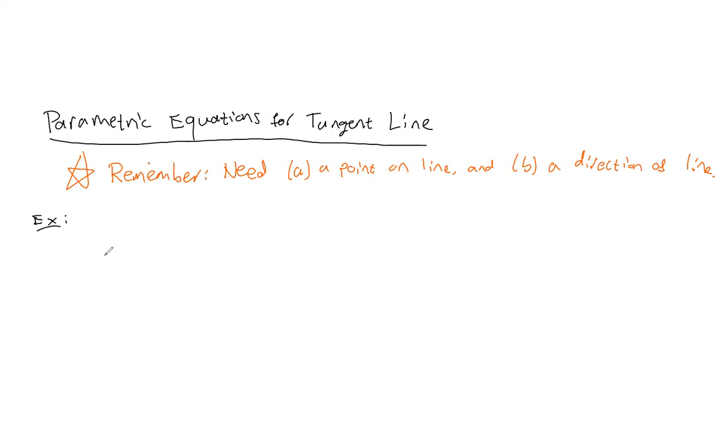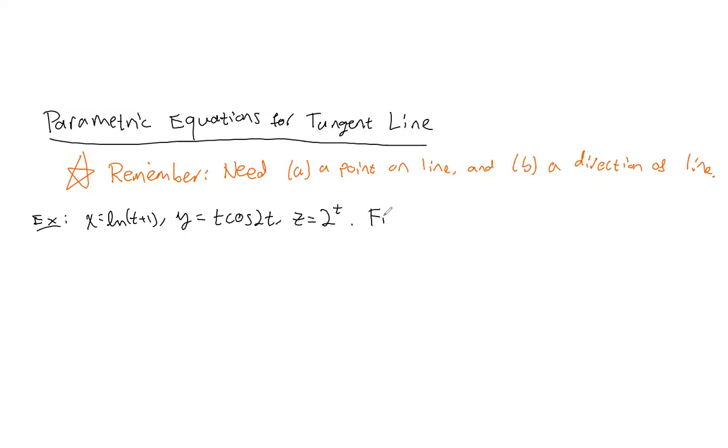So let's suppose we take the curve x is equal to ln t plus 1, y is equal to t cosine 2t, and z is equal to 2 to the t.